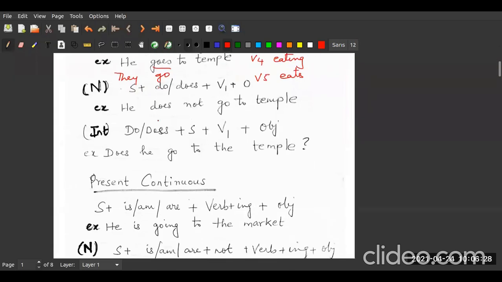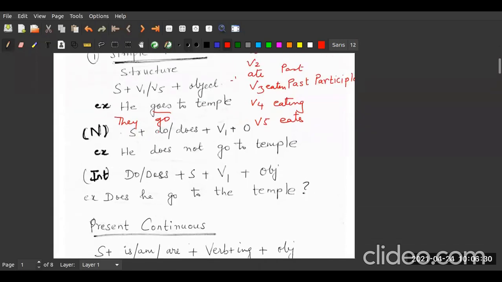So how do you make the negative and interrogative of the present tense? Do you remember? Subject plus do or does plus not. You have to add do or does plus V1. Whether you use do or does depends on the subject. Like he does, you are using here.